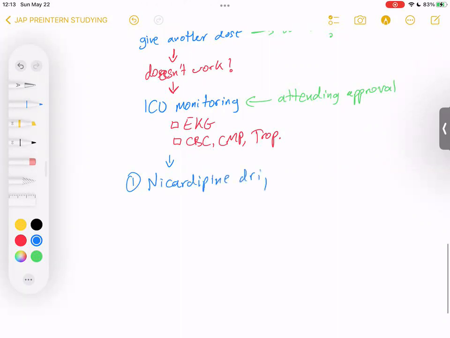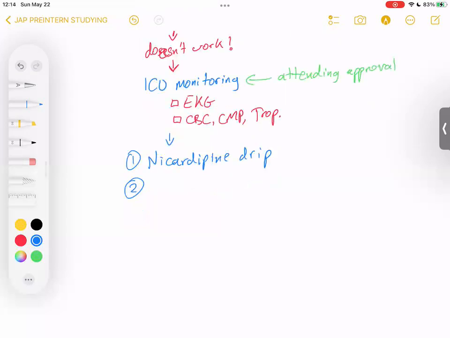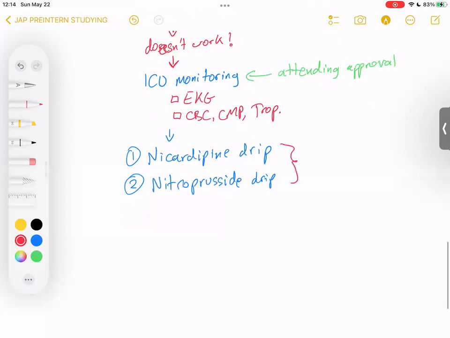What's another drip that can be used here? Anybody know another antihypertensive? So nitroprusside, yes. Good. So nitroprusside drip. Remember, these drips are titratable to the blood pressure.